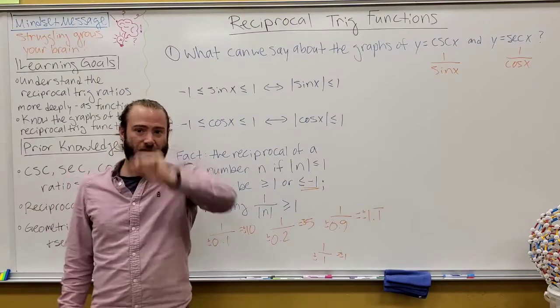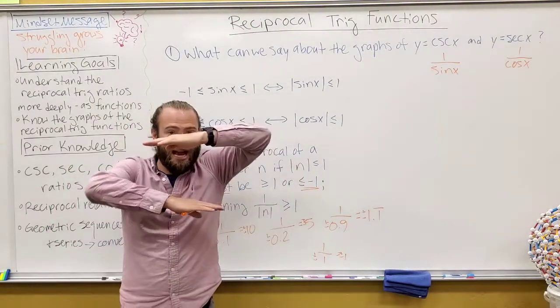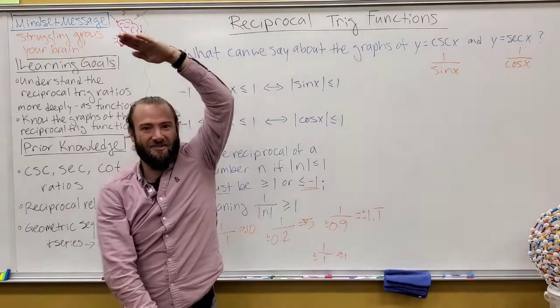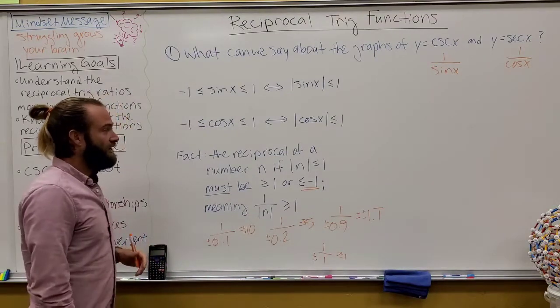So since sine and cosine both go between negative 1 and 1, secant and cosecant stay exactly outside of that. So we're going to take a look at the actual graphs and what they look like, and you'll see what we mean.